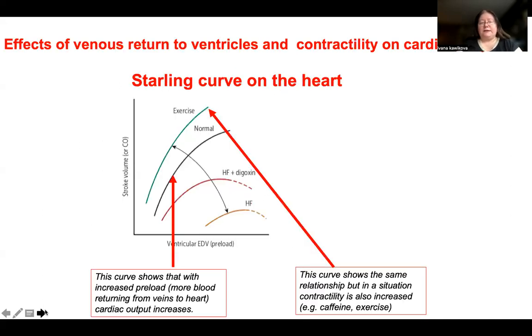So first, let's discuss the effects of venous return to ventricles and contractility on the cardiac output. If we focus on the black curve, that's basically the Starling law of the heart, which is showing us that the more blood is in the ventricle, left ventricle in this case, the more is ejected.